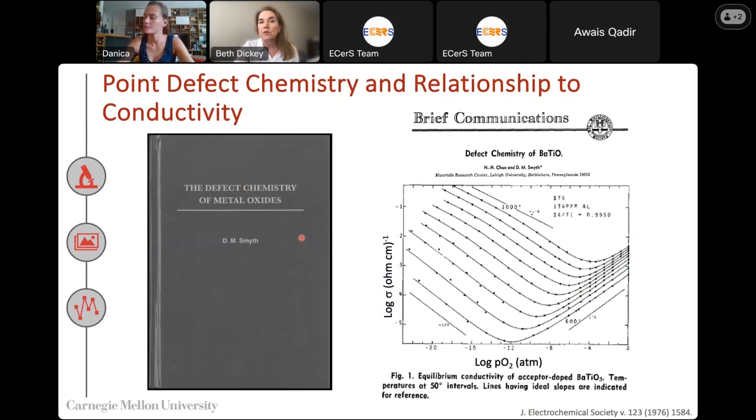One of the approaches is to make physical measurements like conductivity, which is what's plotted here, the log of the conductivity on the y-axis. And if you measure that versus variables, for oxides it's usually partial pressure of oxygen and temperature. So I've got temperature changing across this scale. You'll note that the conductivity is a very strong function of both of these variables. And you can infer what the dominant defect chemistry is from these types of measurements.